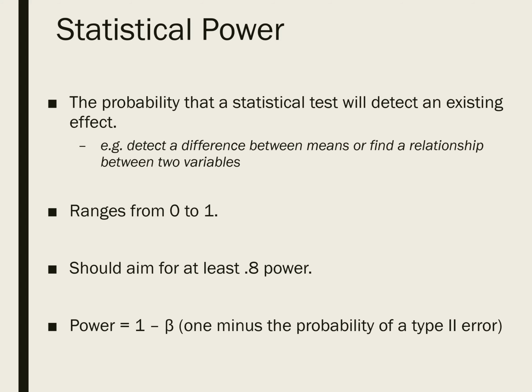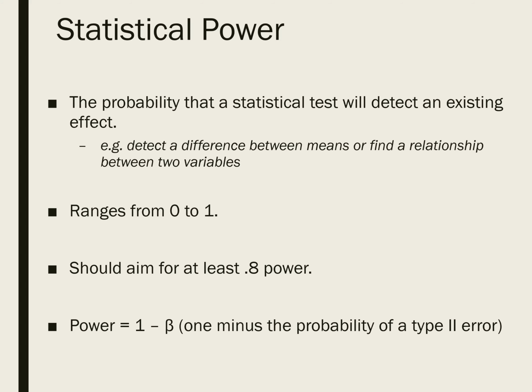Another way to define power is 1 minus the probability of a type 2 error, which you might recall we defined as beta. A type 2 error is missing an effect that's there. So if we take 1 minus the probability of missing an effect that's there, we get the probability of detecting an effect that exists.